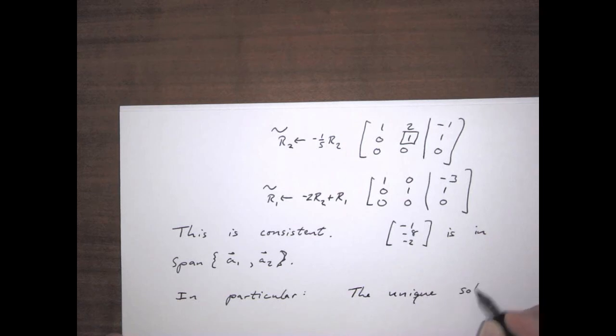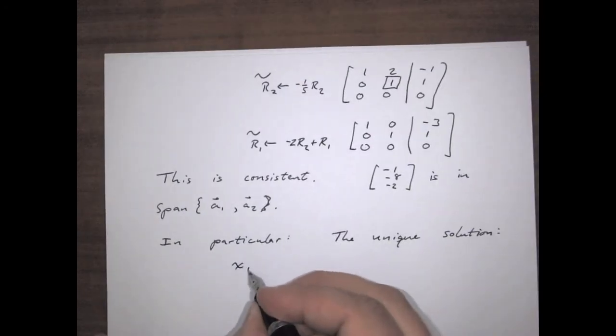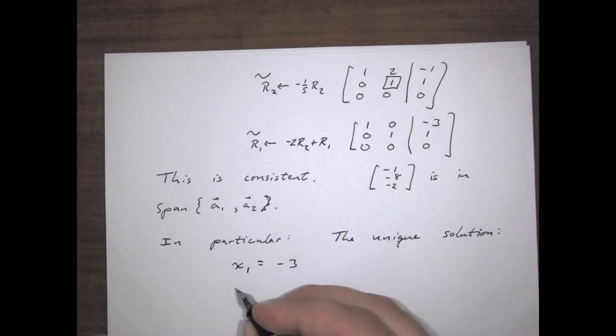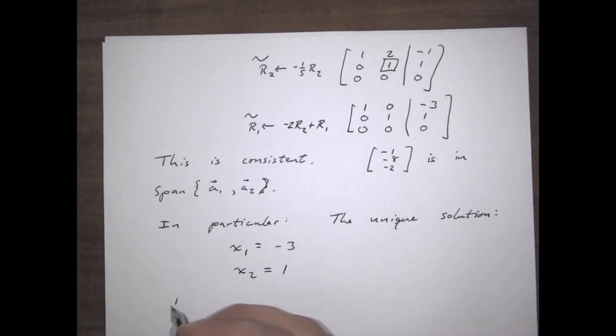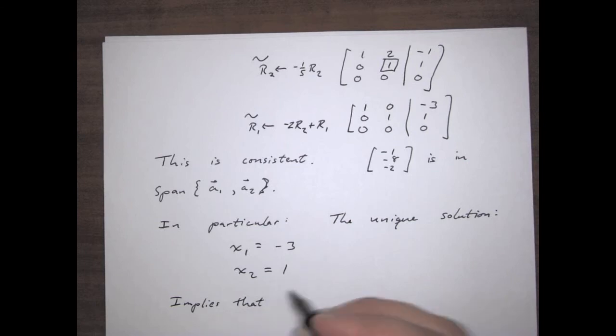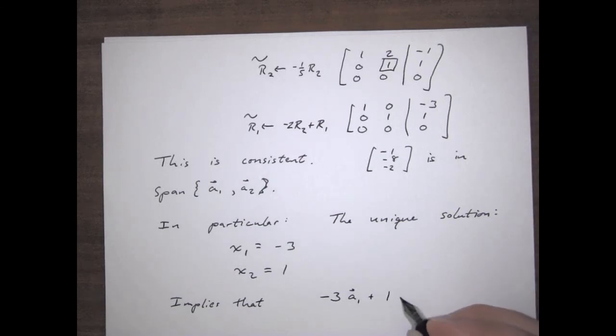The unique solution x1 equals -3 and x2 equals 1 implies that -3 times A1 plus 1 times A2 is equal to the vector in question, which was, what was it again? -1, -8, -2.